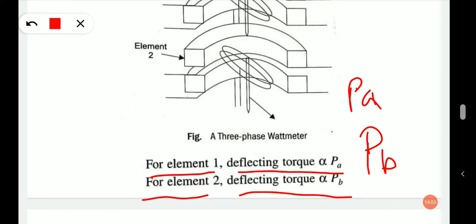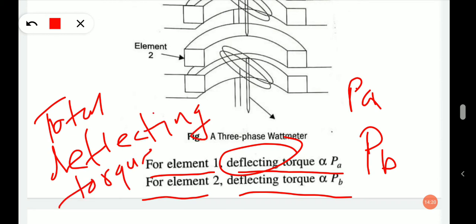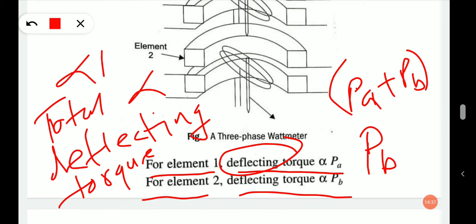Hence we can write that the total deflecting torque is proportional to PA plus PB, or we can write it as proportional to P, where P is PA plus PB.